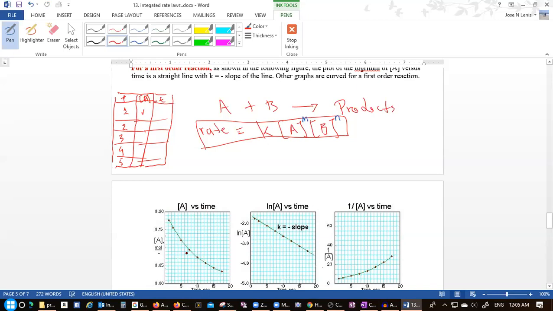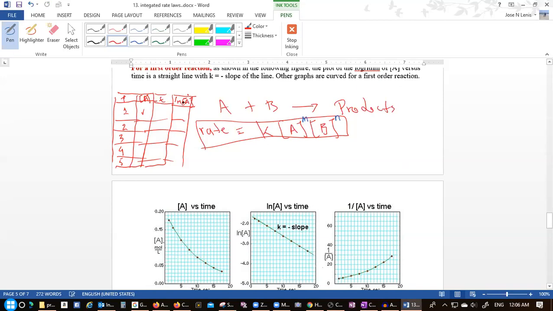Plug it and find what is the shape. And then you add one more column. You need to add one more column here. And that column is natural log of A. Natural log of A is simple.